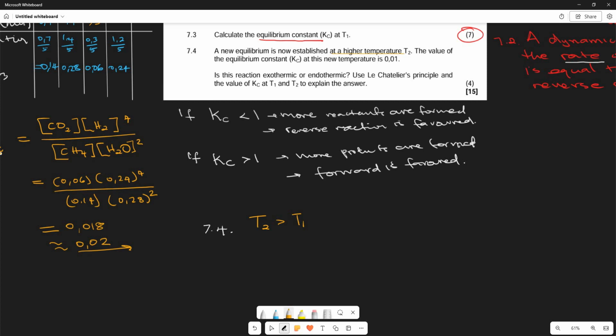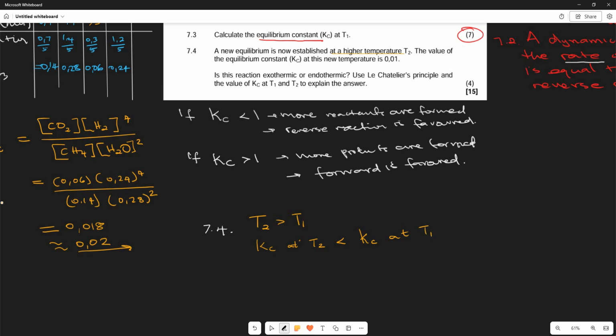So what happens after? The value of the equilibrium constant Kc at this new temperature is now 0.01. What happened? The Kc value at T2 is less than the Kc value at T1.